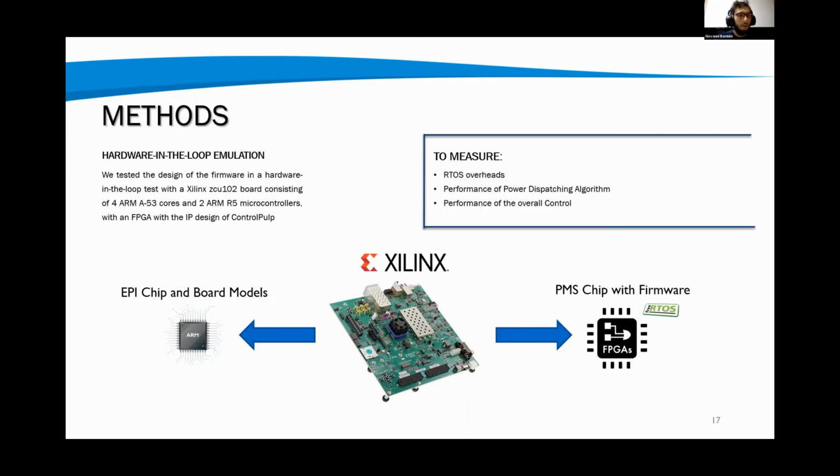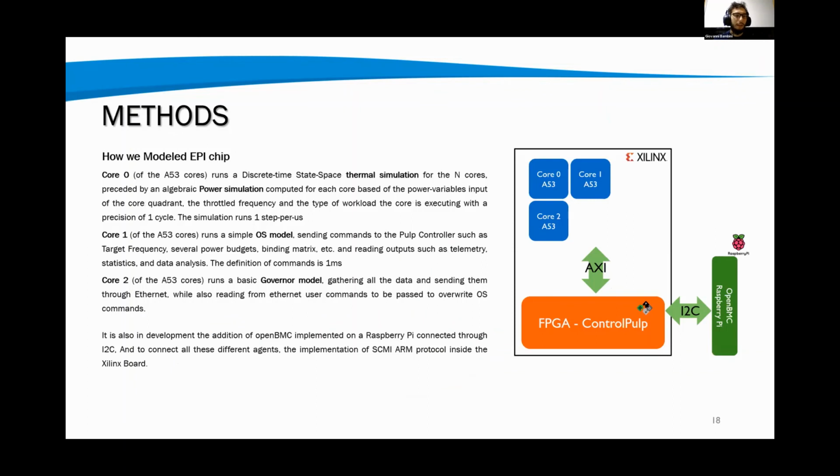So we chose as platform the Xilinx ZCU102, which has four ARM A53 cores and two ARM R5 microcontrollers, and also an FPGA that we programmed with the PCS and PMS hardware. That is to measure the overheads of the RTOS and the performance of the control mainly.